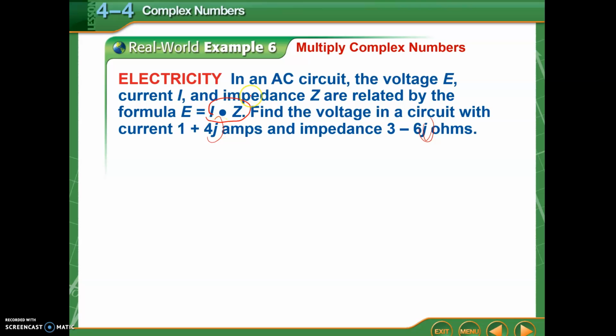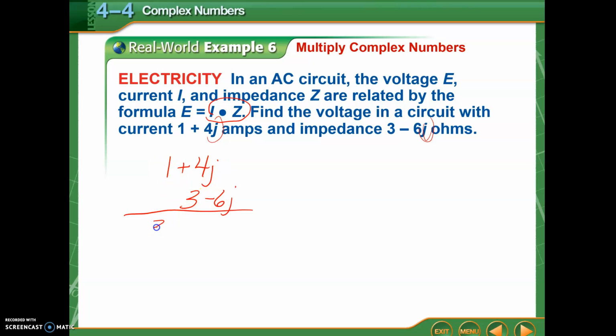We're finding the voltage. I is going to be my current, so 1 plus 4j, which I'm going to think of as an i, or not kind of, I am, and then times 3 minus 6j. So I also like to line them up here so then I can see that multiplication.